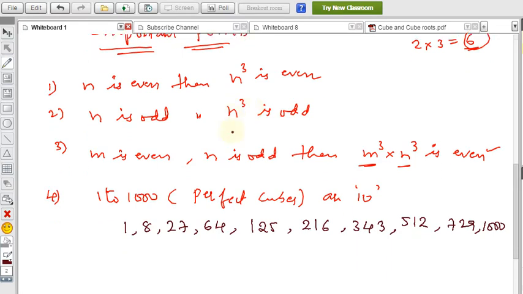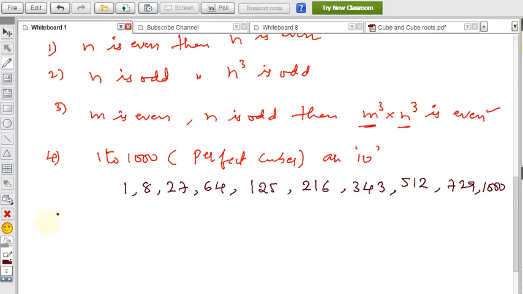Then one important condition in this: if the numbers are ending with 1, 4, 5, 6 and 9, their cubes also end with the same digit. This is important.